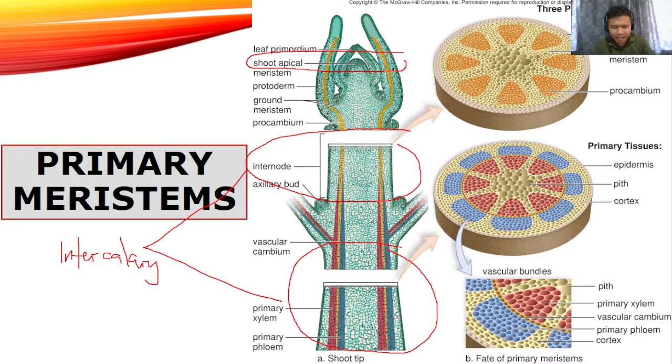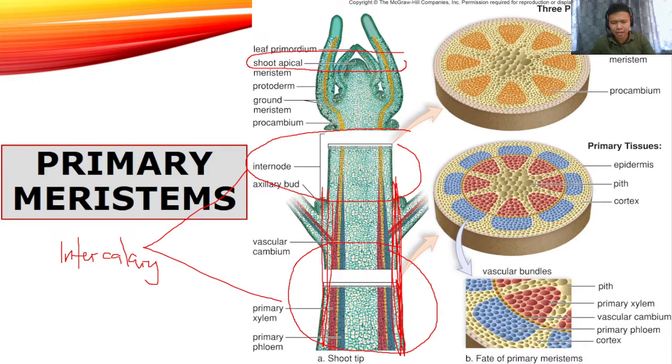And lastly, here, sidewards growth, okay? We have this portion here. This one, okay? Coating around, surrounding the plant, okay? Coating around the plant, okay?